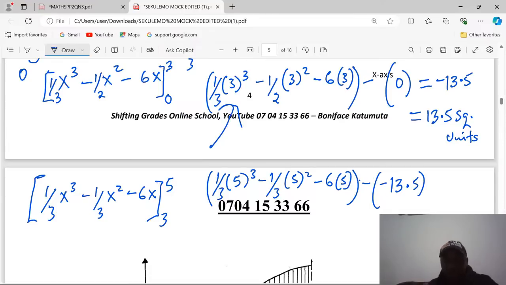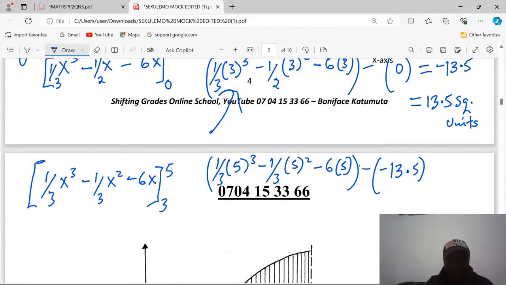Okay, thank you. Now we can finish up. A third, then we will have 5 cubed minus again. Remember, this is half. Sorry, this is supposed to be half. So we need to have a half, then 5 squared minus 6 into 5.